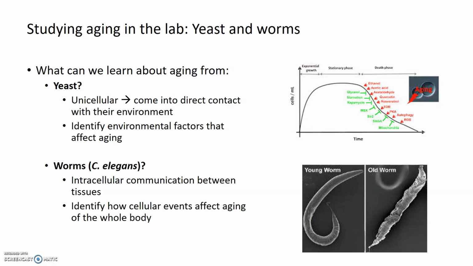They have complicated neurons, they have muscle, and so because they are multicellular and they have these tissue structures, we can ask questions about how intercellular communication and how whole bodies age in response to environment and genetics, and start identifying how the cellular events affect aging of the entire body.